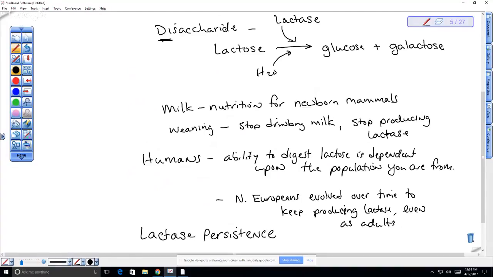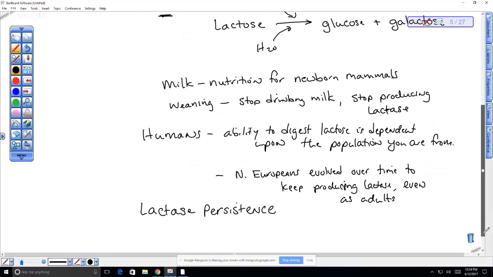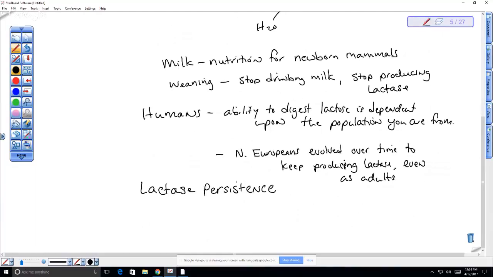Okay, so you probably don't hear much about lactase persistence because actually in the United States, it seems that most people have some ability to digest milk as adults. And so you hear of it as being what? It's not lactase persistence. If you can't digest lactose, what's it called? Lactose intolerance.